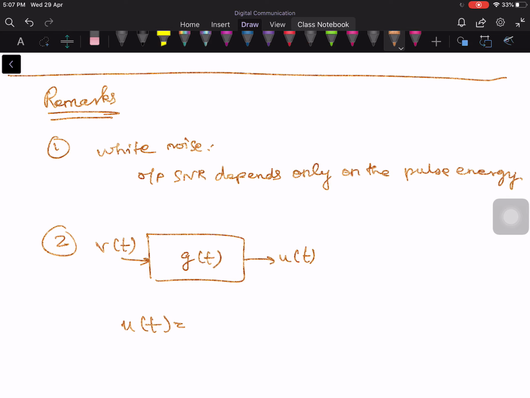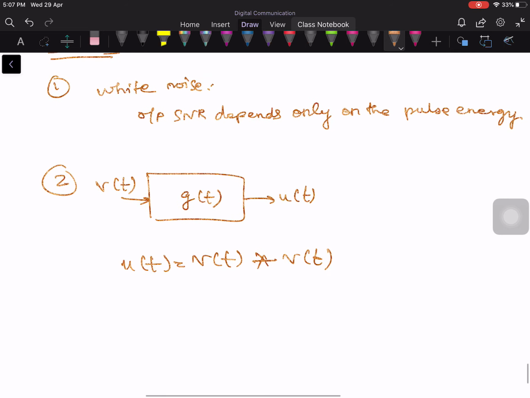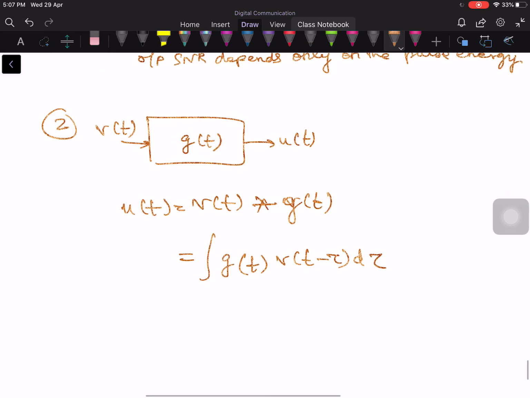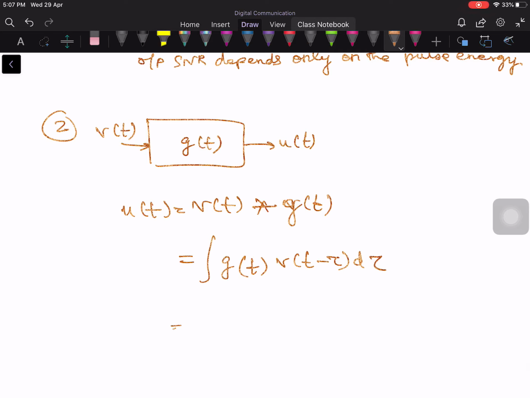U of t is V of t, the input, convolved with G of t, right? Now if you write the convolution in terms of convolution integral, then this is integral of G of tau times V of t minus tau d tau. And what is G of t?